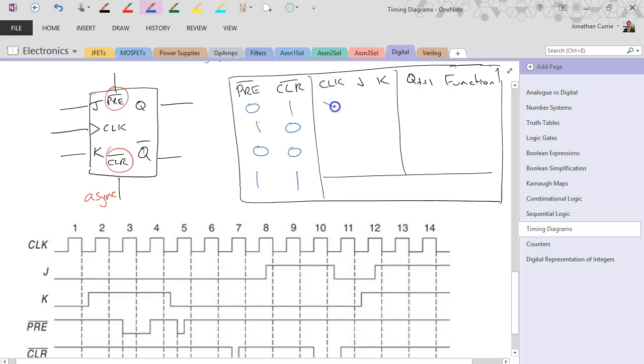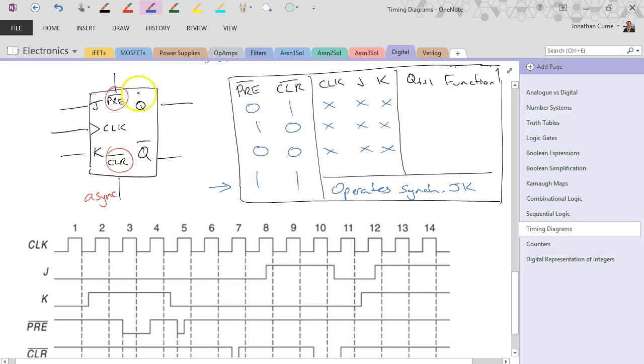Now you'll note that with the asynchronous input configuration, provided that we're not in the both inactive state, remembering that they're both active low, down here it operates just as we've seen before. It operates as a synchronous JK flip-flop.